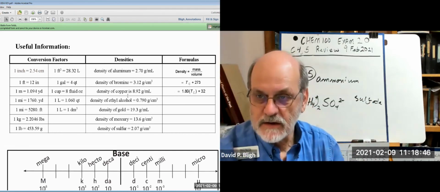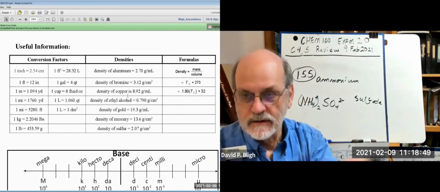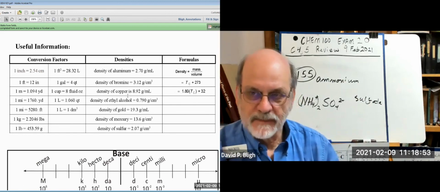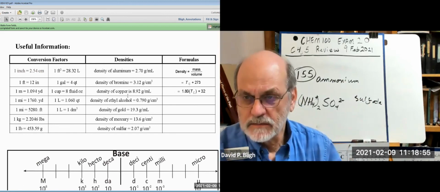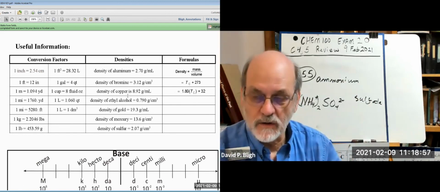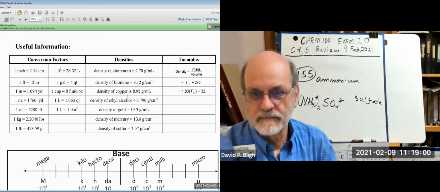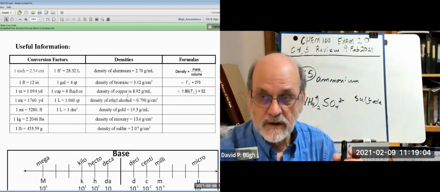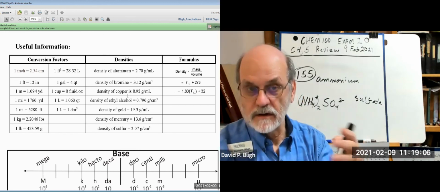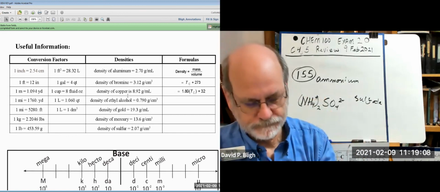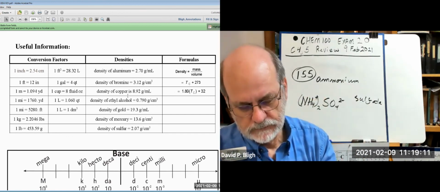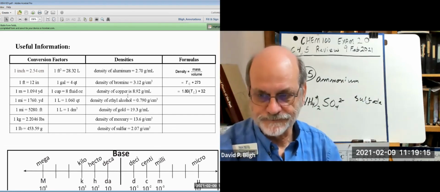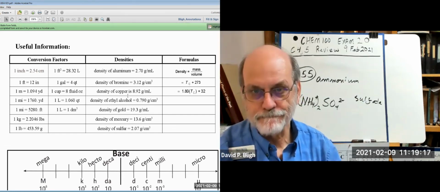So in that case, you need to go in every time and print out the useful information. If it's a periodic table, you already have a copy, so you really only need to print out the new stuff. But as long as it's in that useful information document derived from the review document, then you can have it with you.